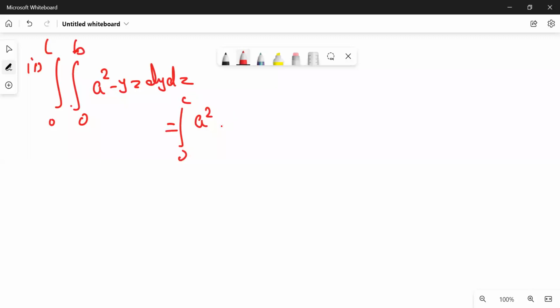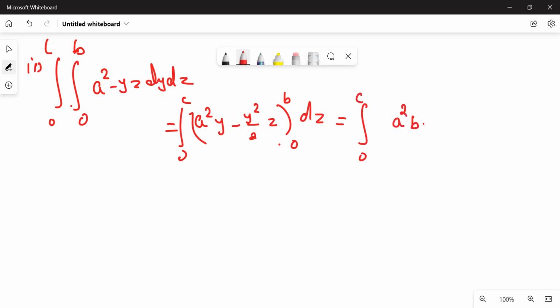With respect to y, if we integrate, it is a square y minus y square by 2 z, between the limit 0 to b, and then we have to integrate with respect to z. Then applying upper limit b on y, it is a square b minus b square by 2 z. Lower limit 0 on y, all the terms we have y, so becomes 0.